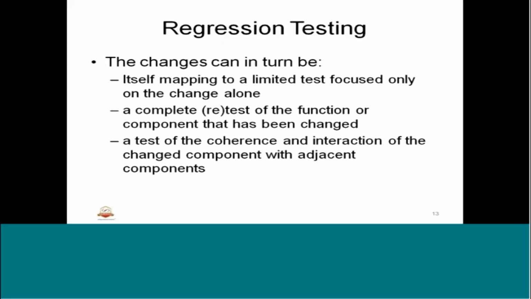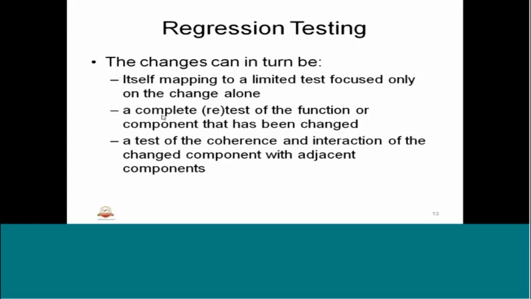So it's going to be working, but that may not be enough because the changes can impact the surrounding modules. So the second type can be a complete test of the entire function. A function has some small functions or subsystems, but it is not enough to test only the impacted part of the function or component; it is better to test the entire component.